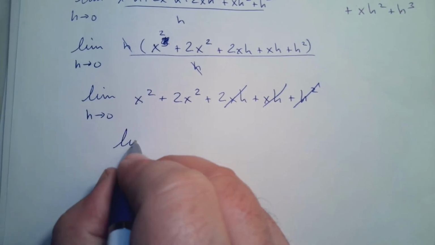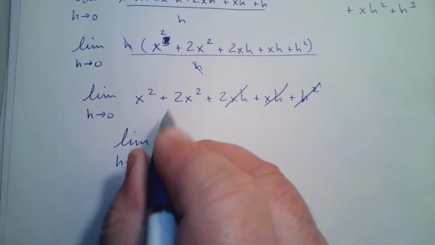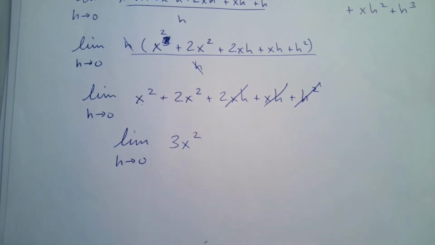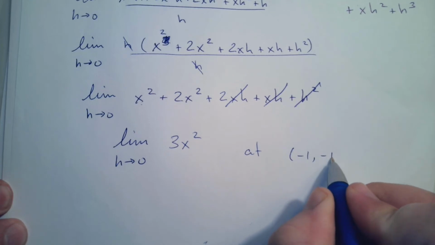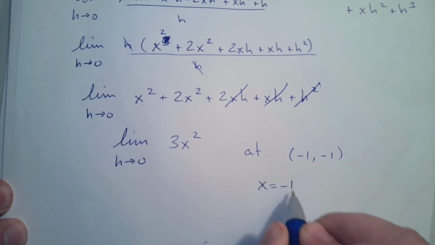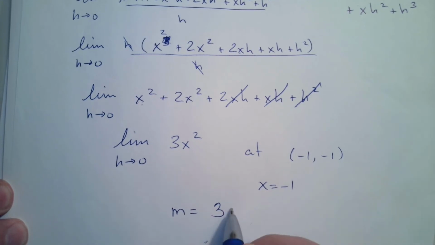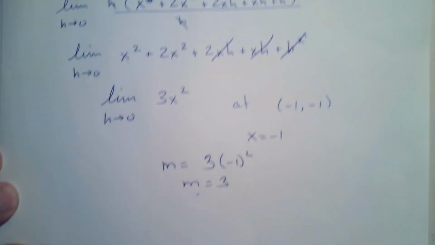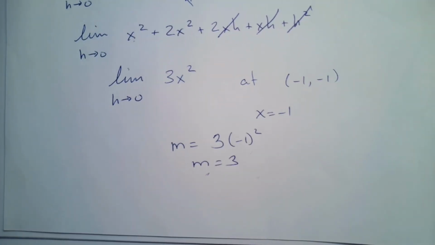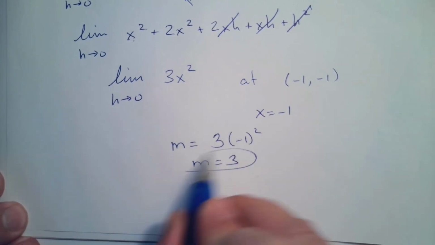So we're left with x squared plus 2x squared is 3x squared. At the point (-1, -1), so x equals -1, the slope is 3. The slope is 3.